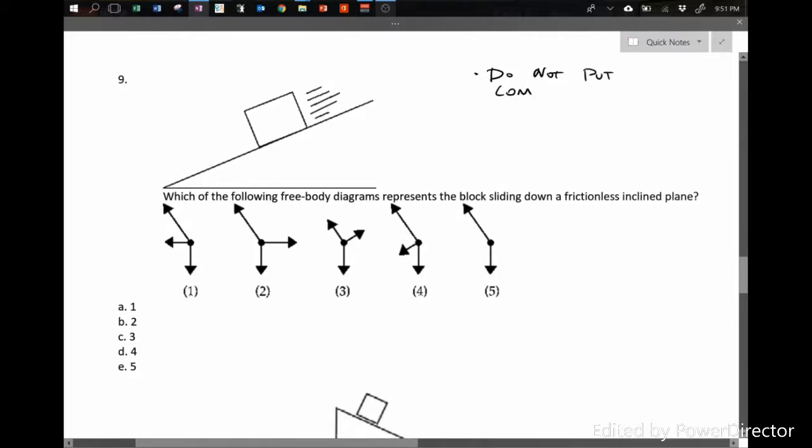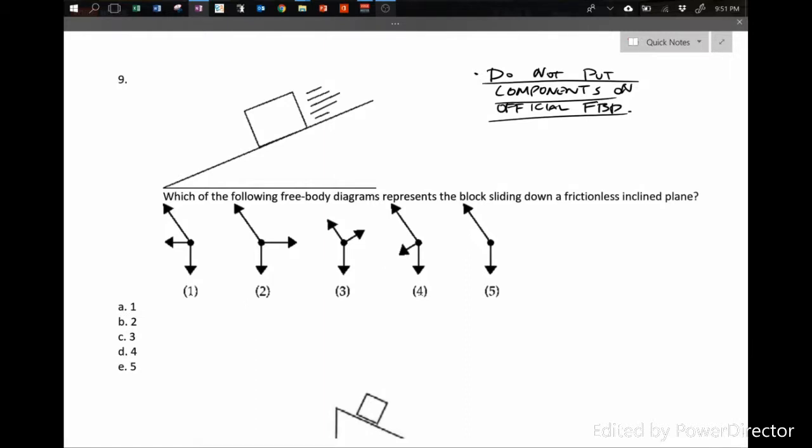do not put components. Sorry, I didn't spell that right. Do not put components on official free body diagrams. You only resolve forces on your working free body diagram.